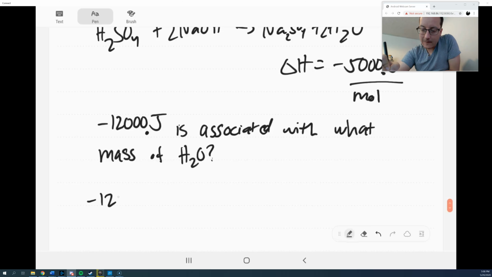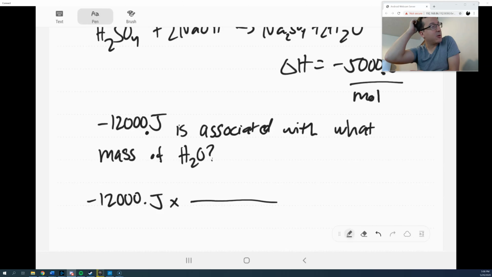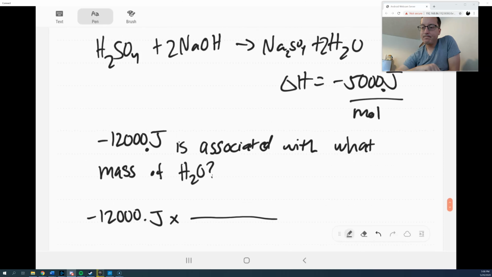Yes, you're absolutely right. And so what are we going to put? Yeah, it's essentially backwards. So what number is going to go on the bottom here, and what's going to go on the top?